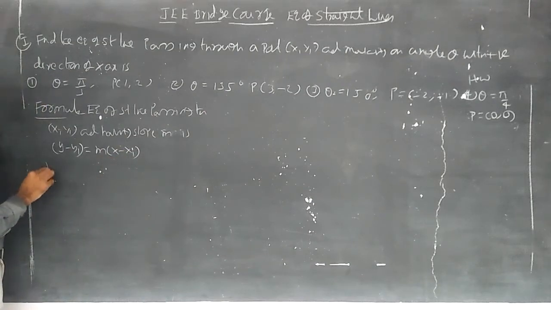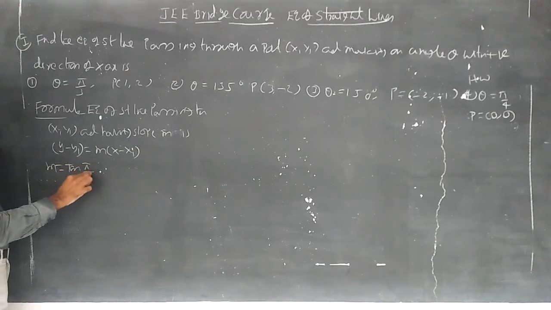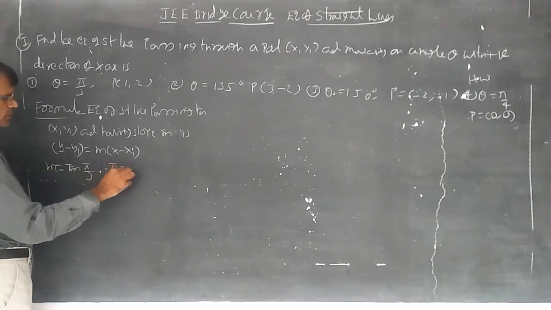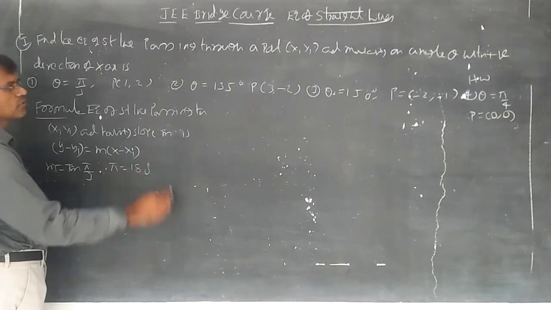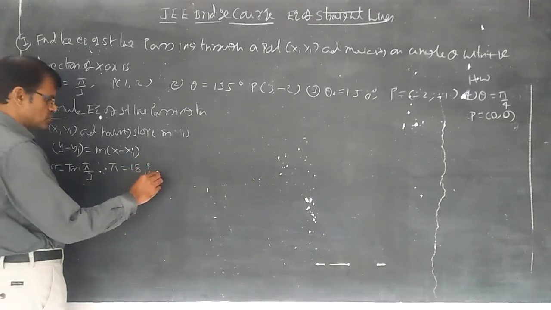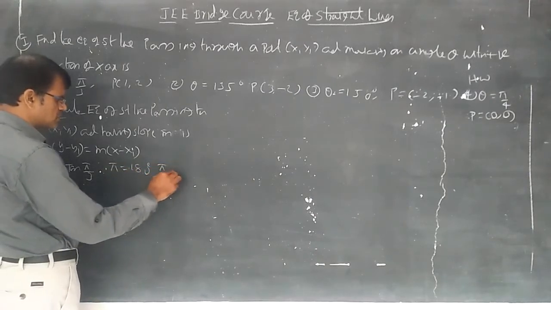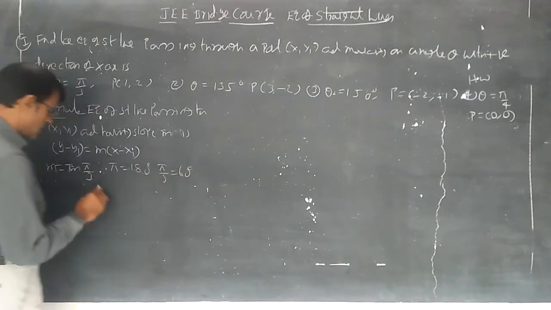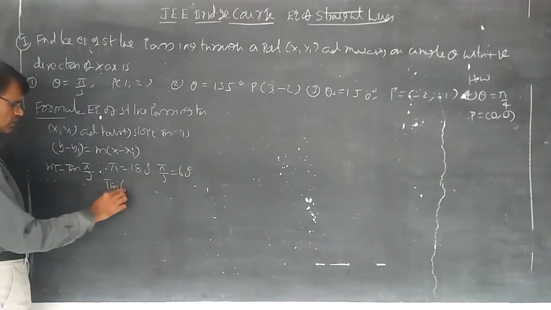That implies here m is equal to tan theta is equal to tan pi by 3. Students, you can understand pi is equal to 180 degrees, so pi by 3 means 60 degrees. Tan 60 value is root 3.